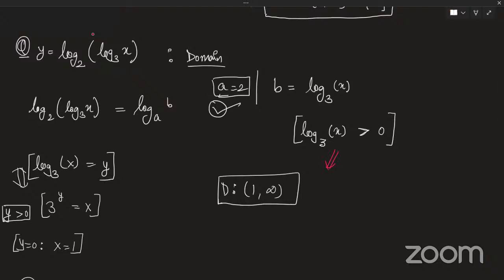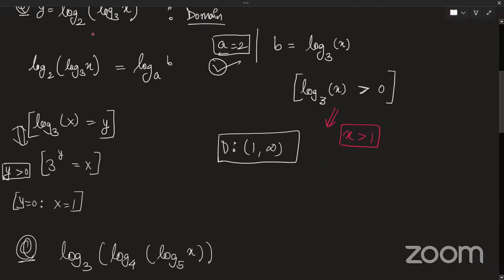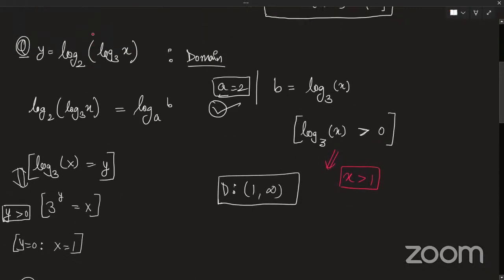So the value of x has to be greater than 1, right? Only then, when I take the logarithm, it will be greater than 0. Did you not understand this? Are you asking something? No, sir. Okay.